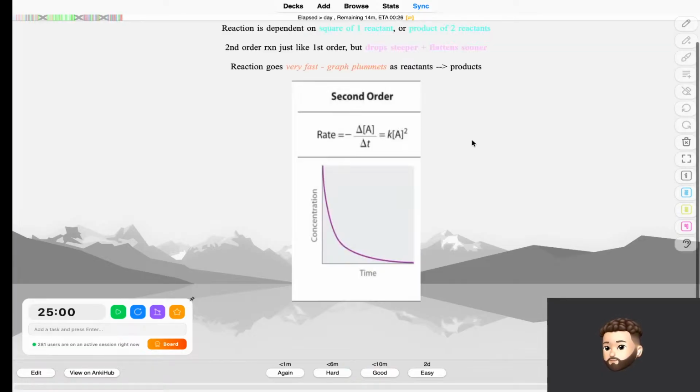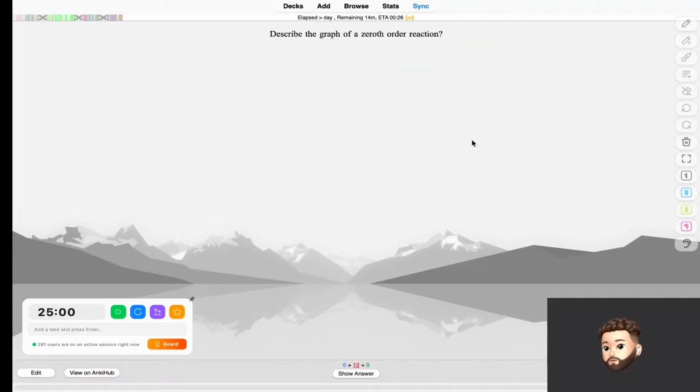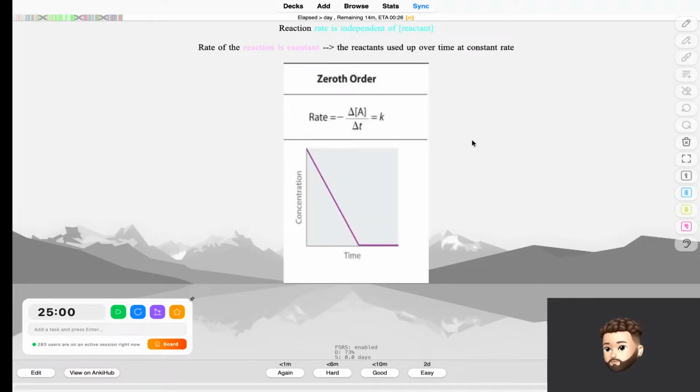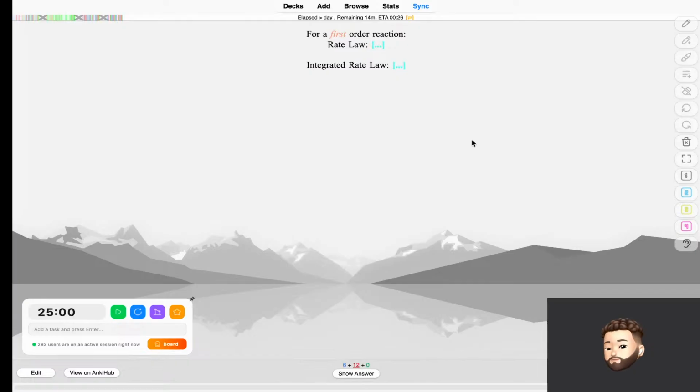Describe the graph of a zeroth order reaction. The reaction rate is constant over time, so it's pretty much just a straight line down. The rate is equal to k, and then A is equal to A naught minus kt.